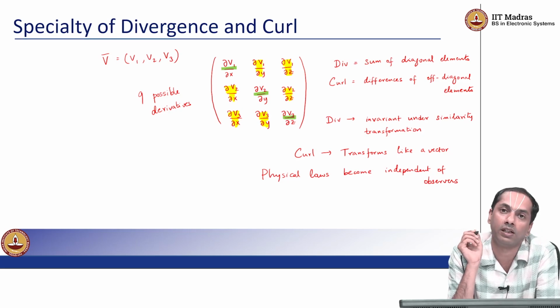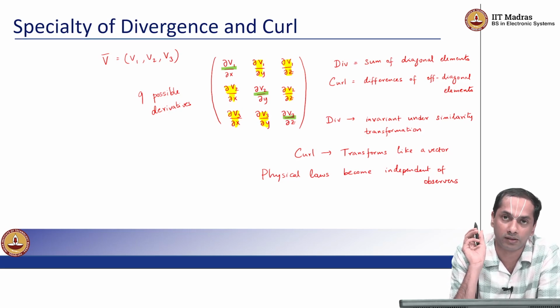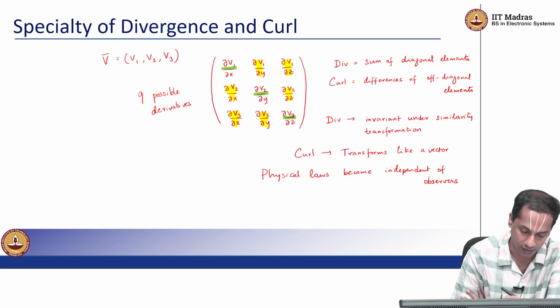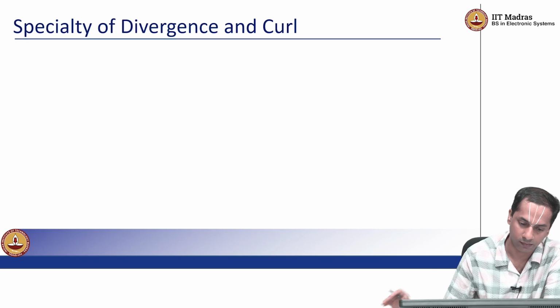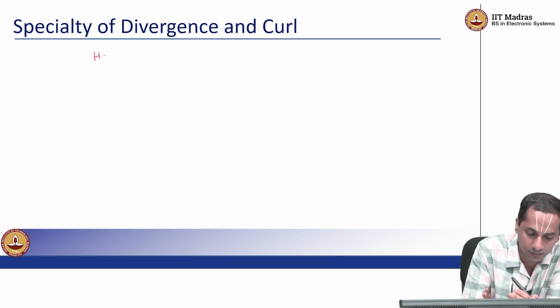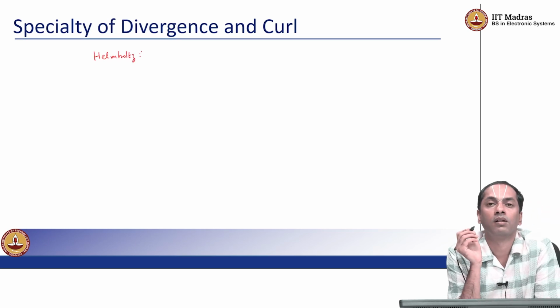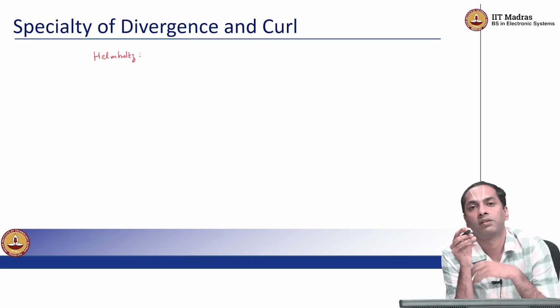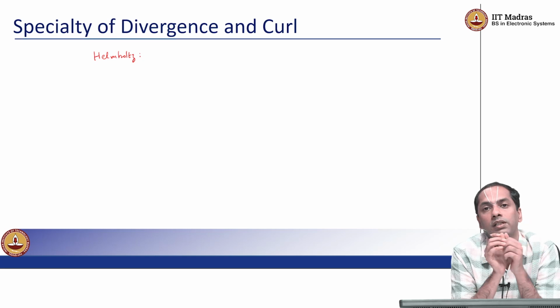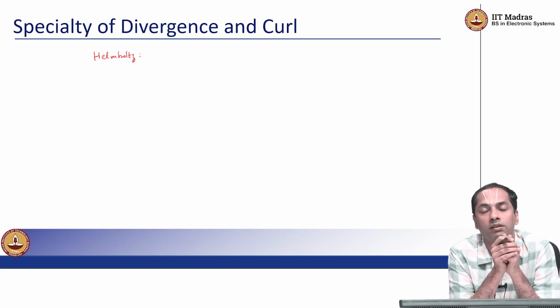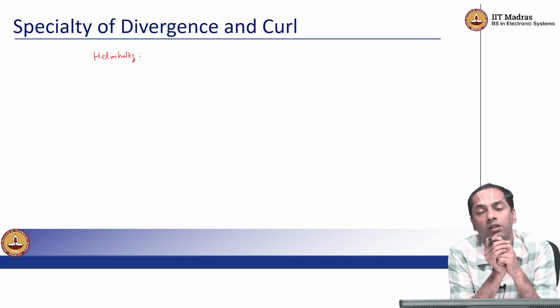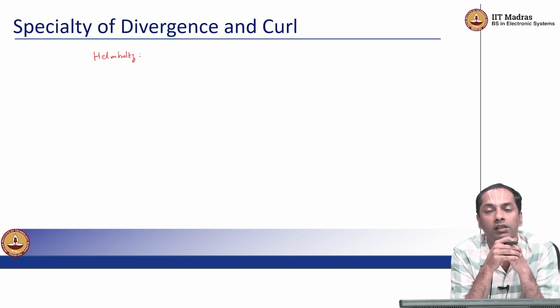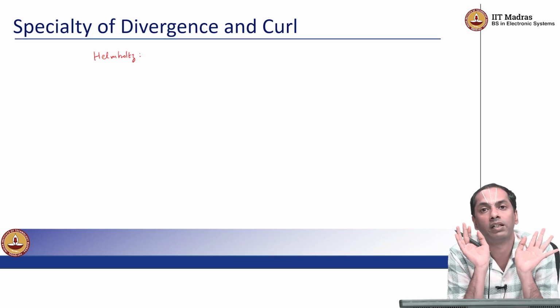And this is where we take recourse to a very special theorem by Helmholtz, which says that if you specify in a volume the divergence and the curl of the vector field, and if you specify the normal component of the curl along its surface, then the field is uniquely determined.